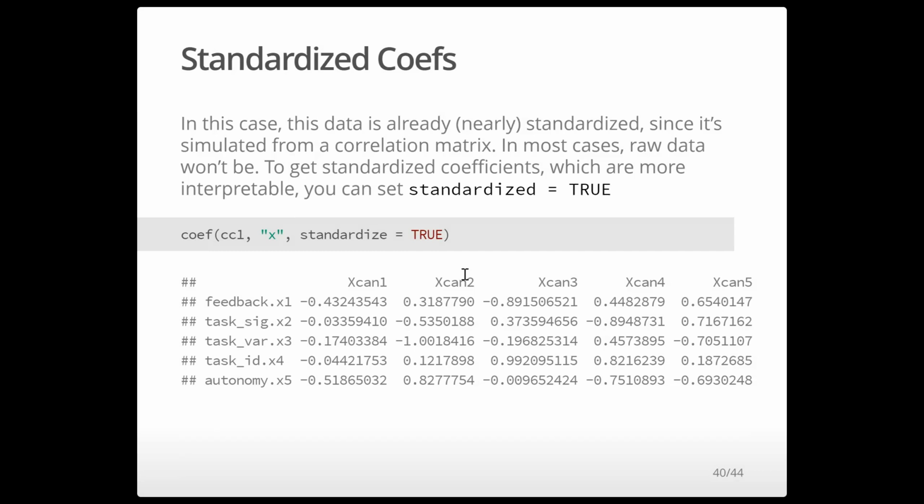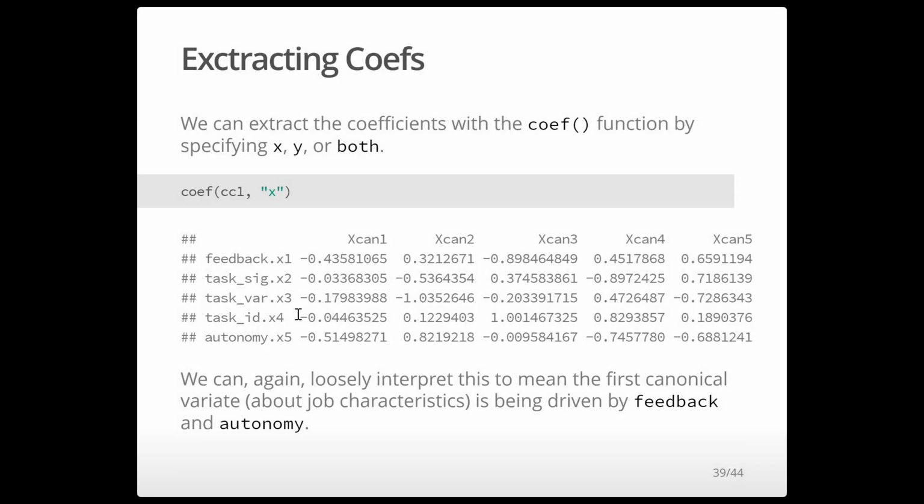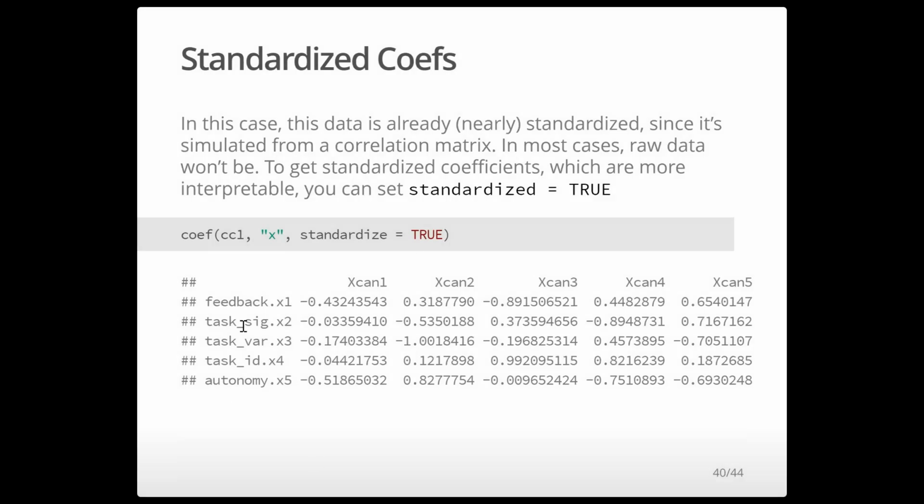In most cases, raw data won't be. So to really get interpretable coefficients, you need to standardize them. And you can do this with a standardize equals true argument. And you see that it really doesn't change the results in this case very much. It's a very, very slight change. But in most practical settings, these would be much easier to interpret. And we'll see an example of this later.